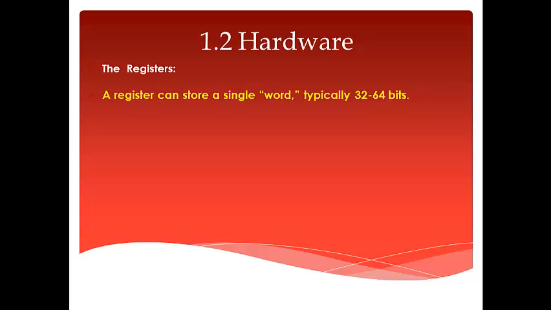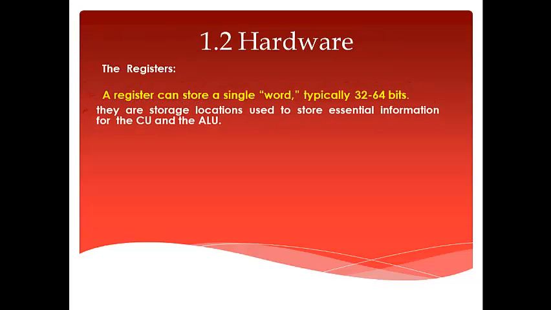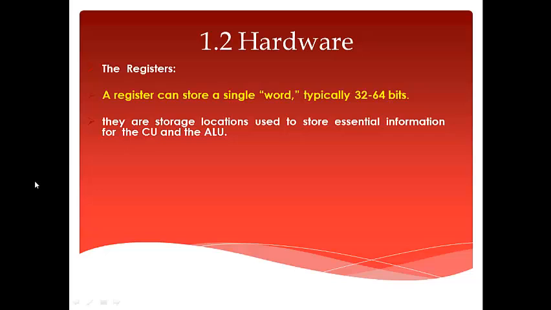And what is a register? Whenever the CPU or processor is doing a task, it needs some memory to store intermediate values. Yes, a register is a place where we can store the intermediate values. It is a storage location used to store essential information for the CU and ALU.